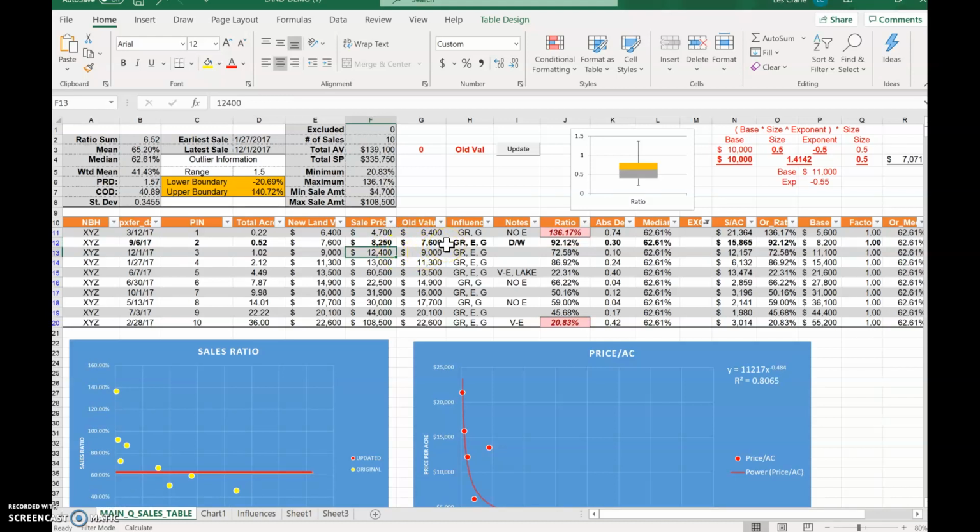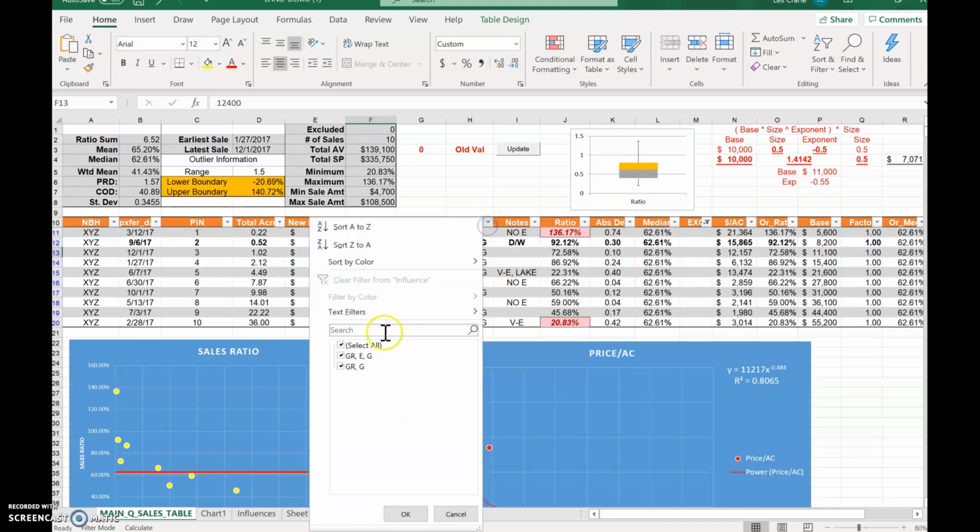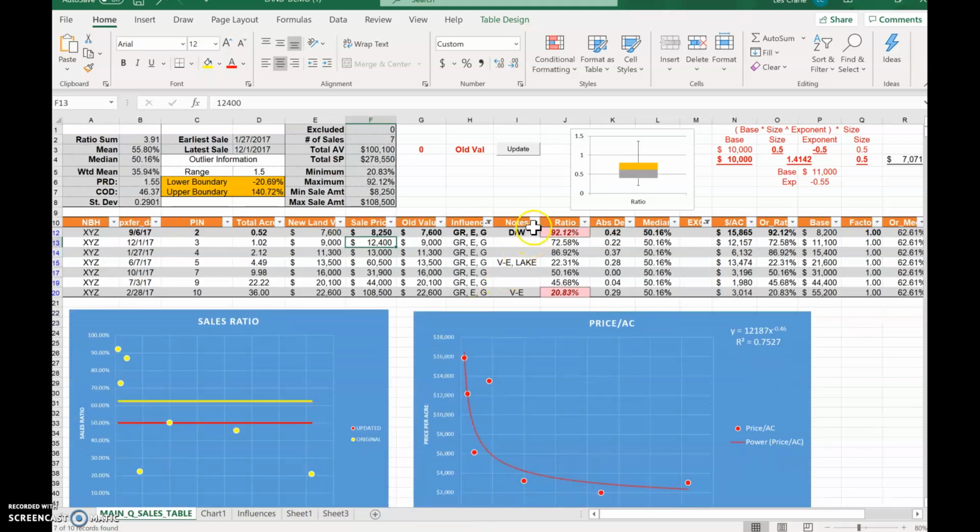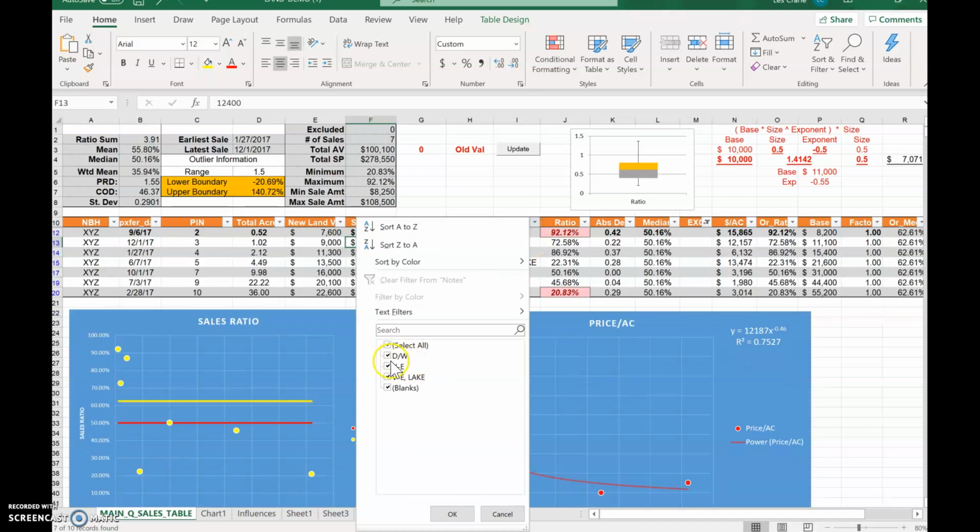Now, next step is to set our base rate. So what we want to do is go through here. I've added influences for gravel access, electric, and gas, and so on. So we want to select all of those.